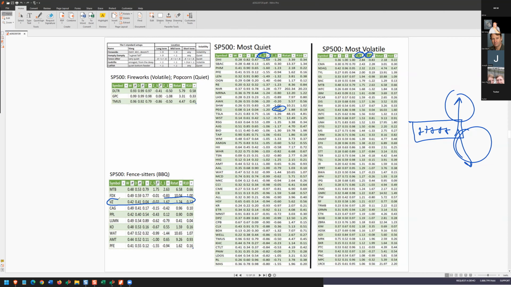Verizon is striking me as one of those quiet on the 5-day and then a 1-day large breakout. Let's just go look at Verizon so you get a sense of what that is.